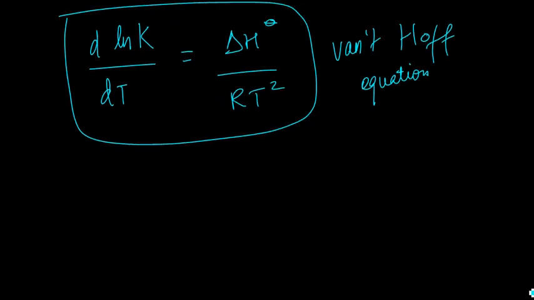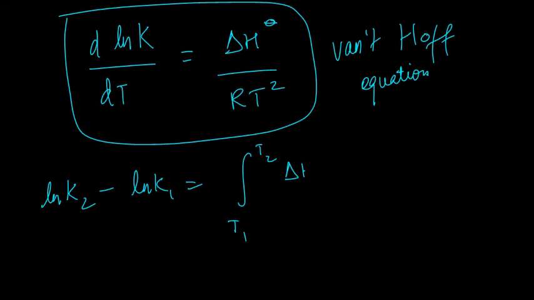I could integrate this equation and get straight away log of K2 minus log of K1 is equal to the integral from T1 to T2 of delta H by RT square dT. I can assume delta H to be constant over a temperature range.